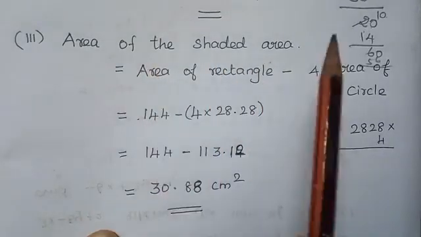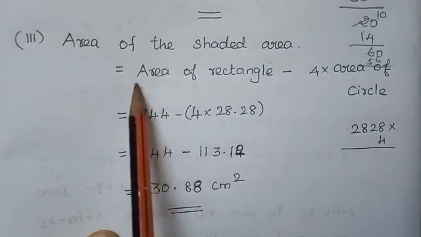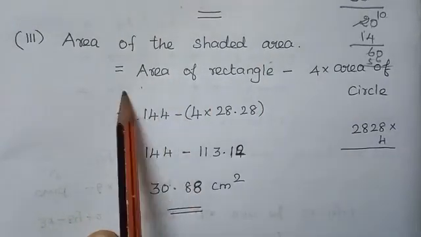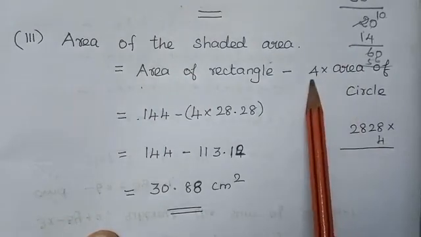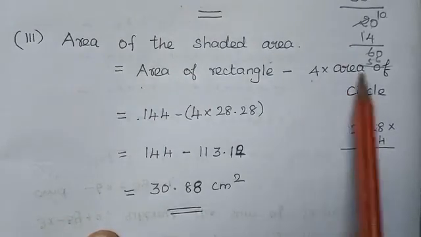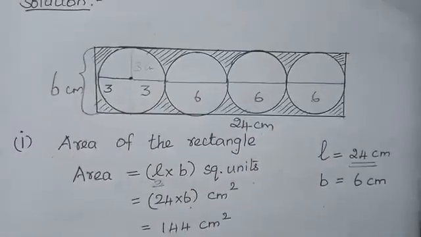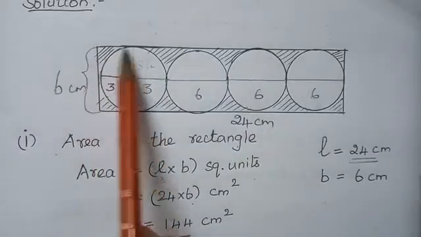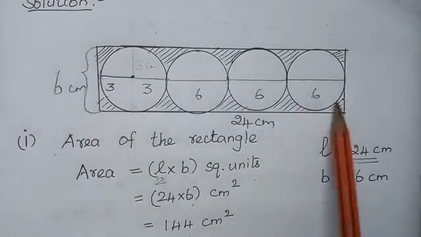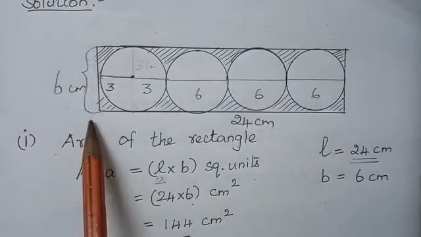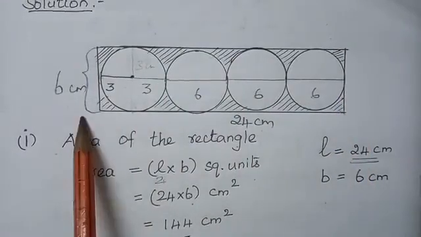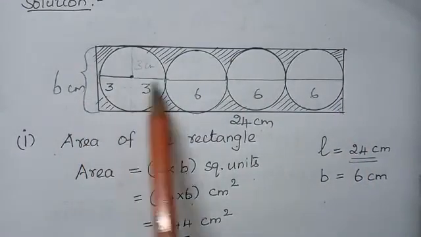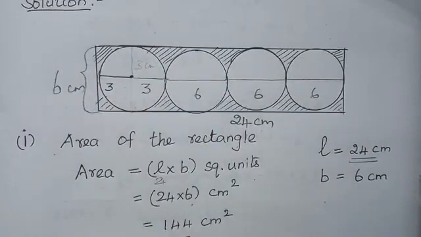Then the third question is, what is the area of the shaded portion? For that, you have to subtract from the total area of the rectangle. How much circles are there? 4 circles are there. So, 4 into area of circle. See this diagram. The question is to find the area of the shaded portion. For that, we can subtract area of the rectangle minus 4 into area of circle.